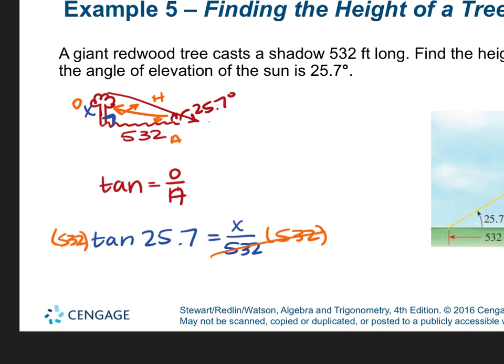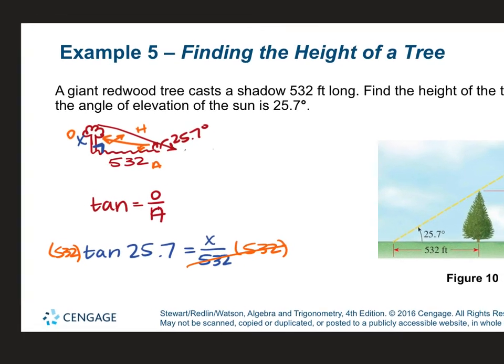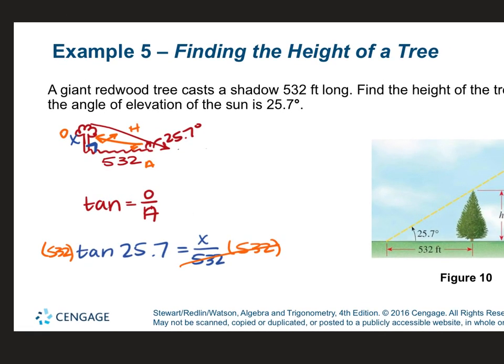So 532 times the tangent of 25.7 gives us 256.0343095. It doesn't tell us what to round to, but I'm going to round to the nearest foot. So this gives us that x, or our height, is 256 feet.